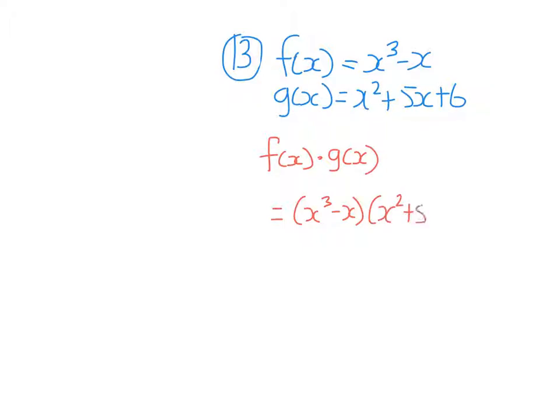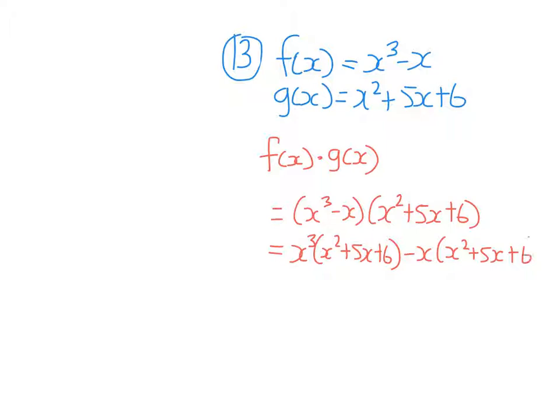So the idea here when you're expanding brackets is you need to multiply everything in the first bracket by everything in the second bracket. So I need to multiply x cubed from the first bracket by everything in the second bracket. I also need to multiply negative x from the first bracket by everything in the second bracket.